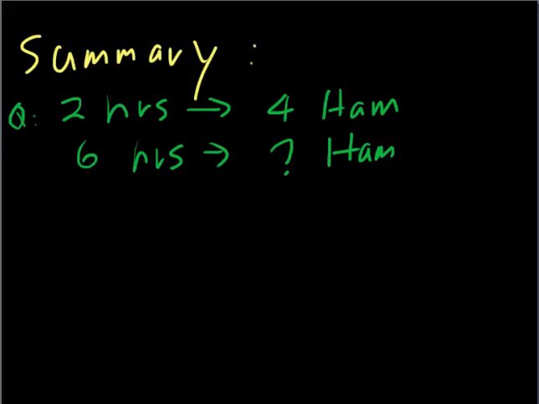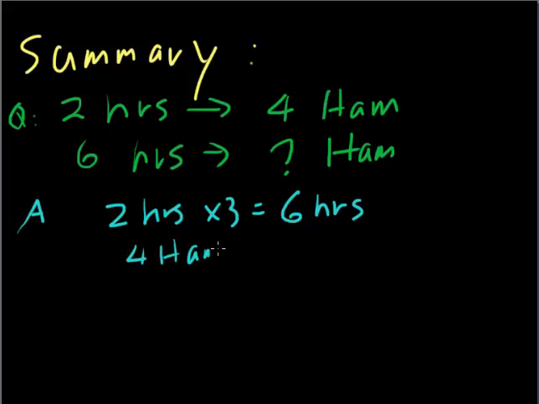And we said the answer can be 2 hours times 3 equal to 6 hours, and so 4 hamburgers times 3 equal to 12 hamburgers, okay?